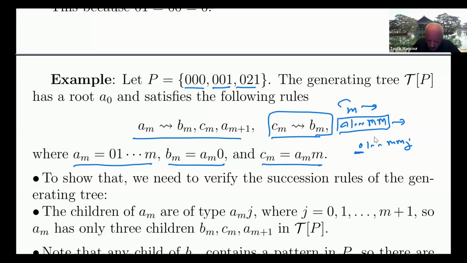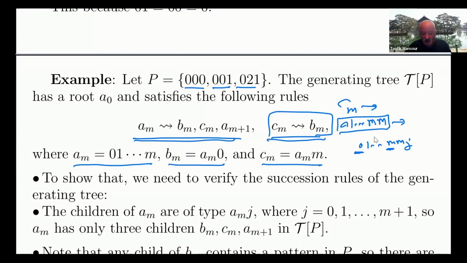So because 0, M, J should be 0 or M or greater than n. So I have conditions. Using these conditions, it is easy to prove the rule and another rule.